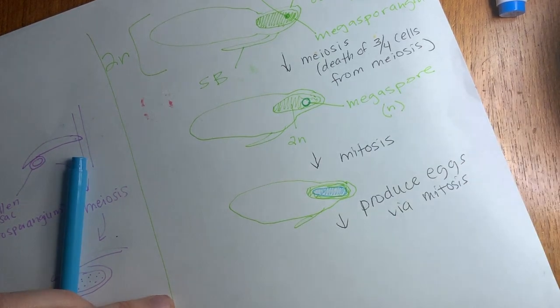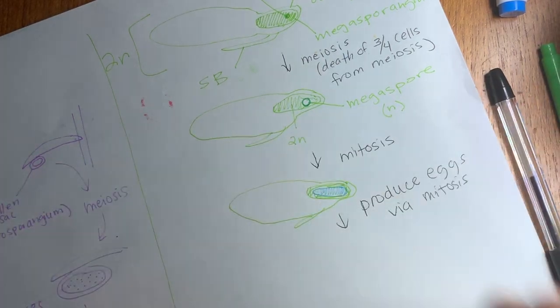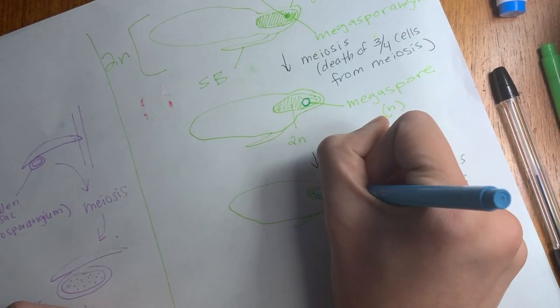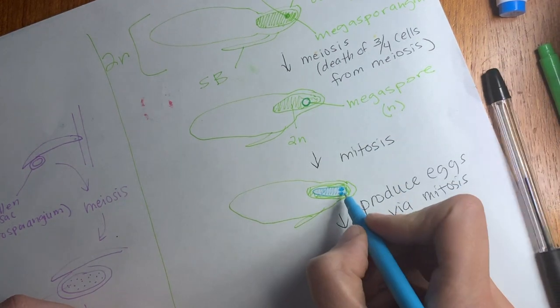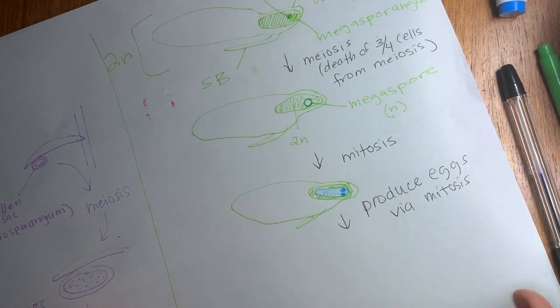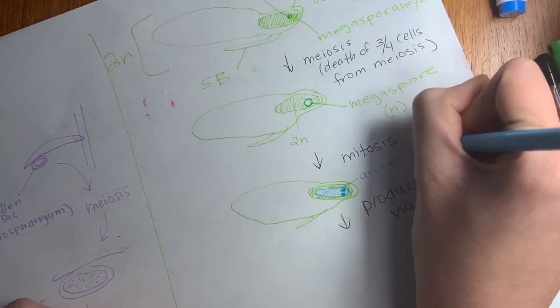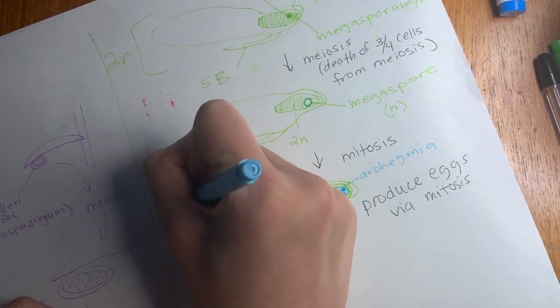Since we're haploid. And so it will produce archegonia. Per ovule, you will get 2 archegonia. So these will produce eggs via mitosis. I'll label these our archegonia. This is our megagametophyte.